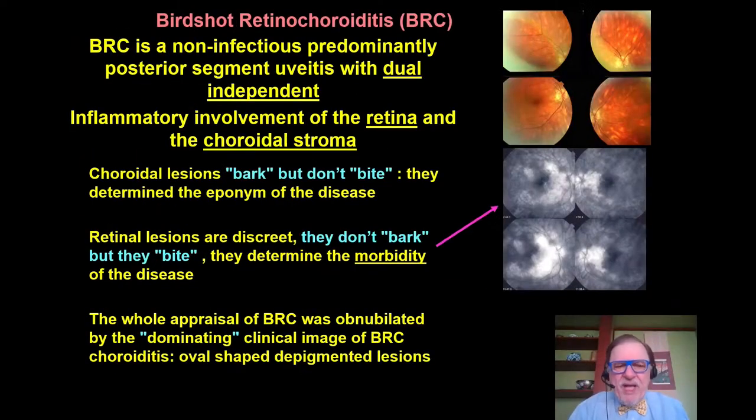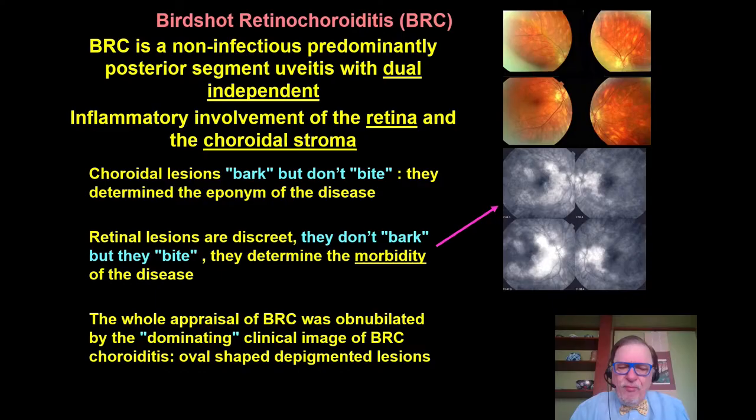In summary, the choroidal lesions are very remarkable. As we say, these lesions bark because you can mention them, but they don't bite. However, the lesion that determines the morbidity of the disease is the retinal vasculitis.